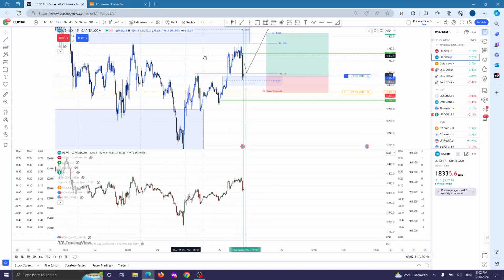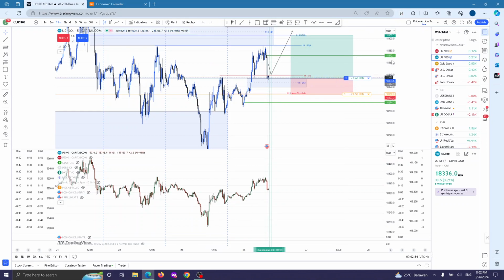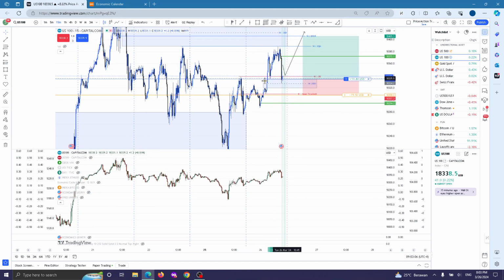It's more beautiful. Take note that we don't have any SMT at this buy side of the curve. I'm still convinced that this is just an inducement. 1 hour breaker.